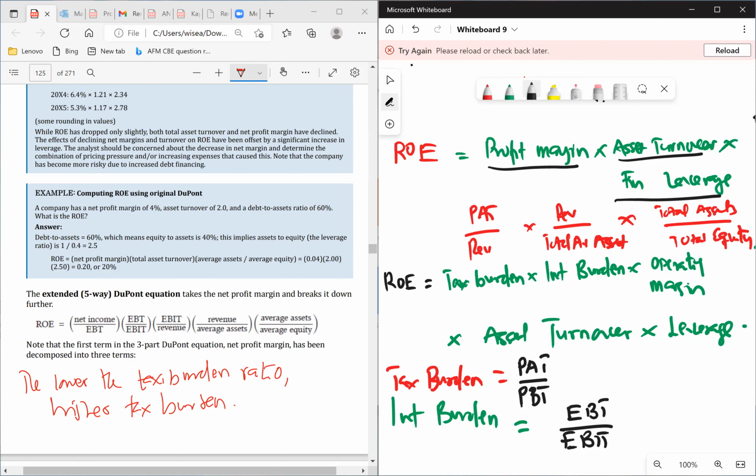And then the last one here, operating margin, is your earnings before interest and tax divided by revenue.